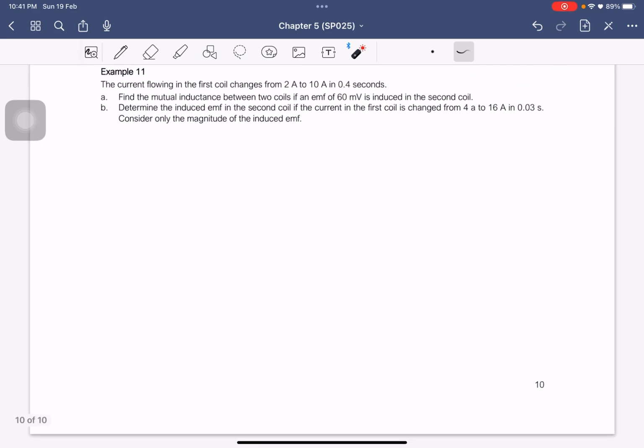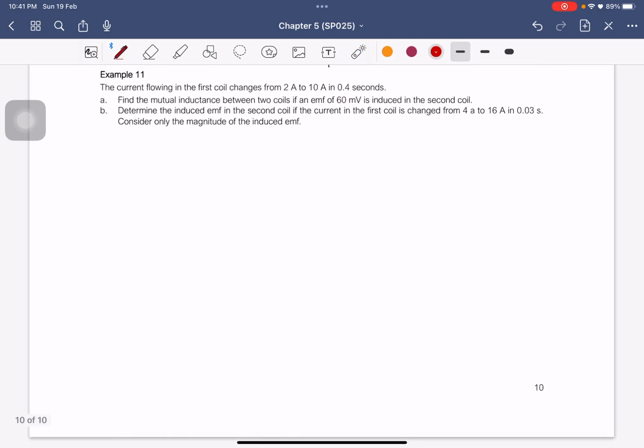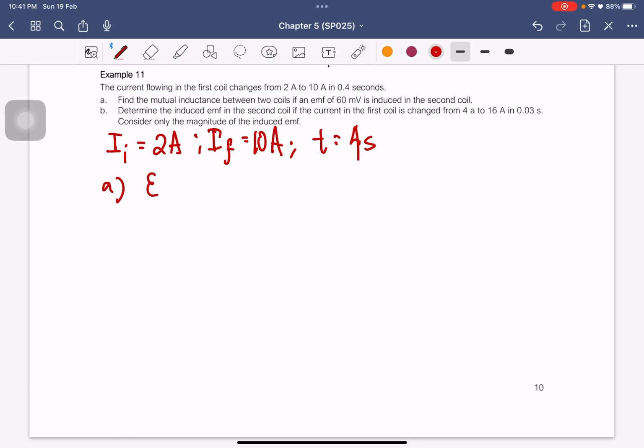Okay, so let's look at example number 11, our last example. The current flowing in the first coil changes from 2 ampere to 10 ampere in 0.4 seconds. Initial is 2 ampere. Final is 10 ampere in 0.4 seconds. Find the mutual inductance between two coils if an EMF of 60 millivolt is induced in the second coil.